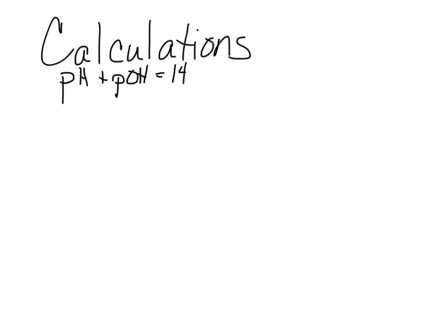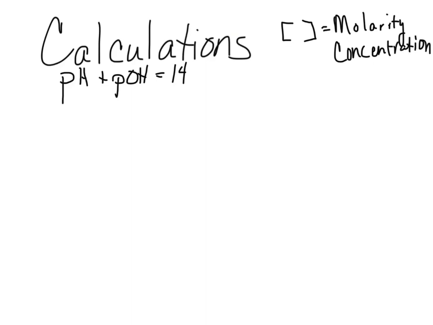Before I continue on and we start talking about concentration, there is a writing technique that scientists use, and they use brackets. These brackets mean molarity, or concentration, and they use those in place of putting units at the end.